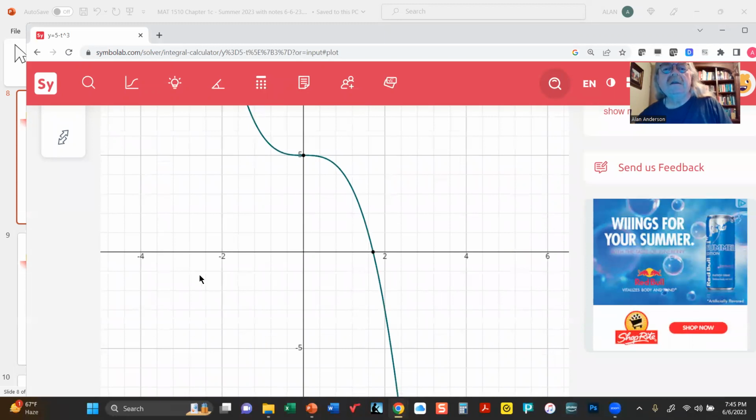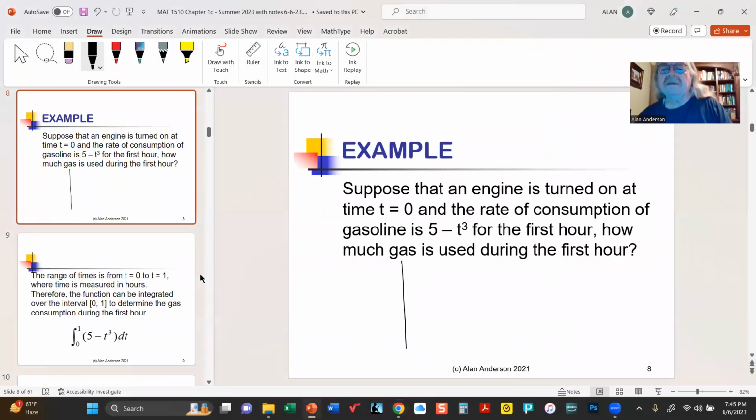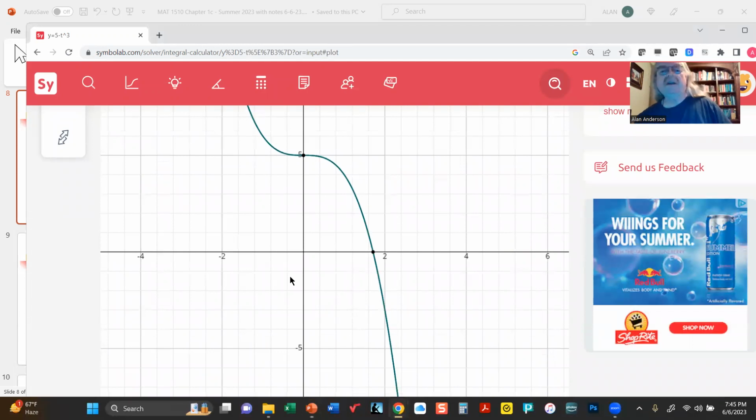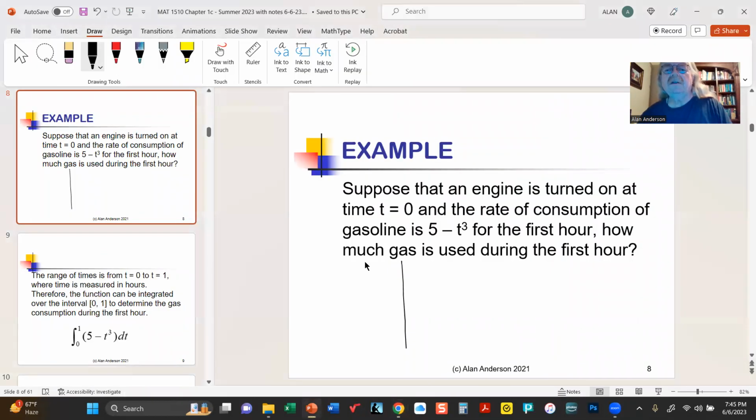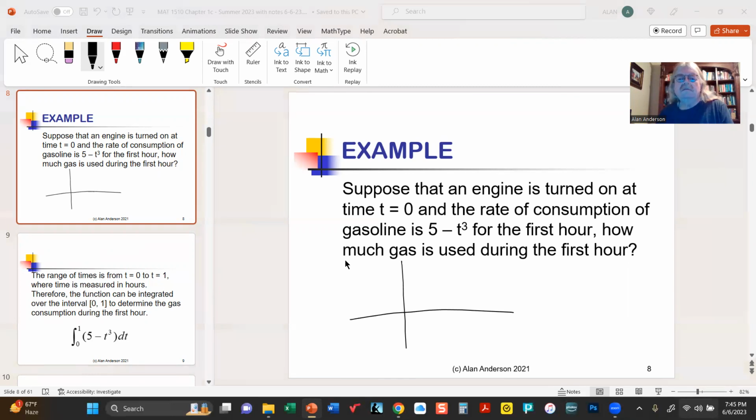Basically, what we're looking for is how much gas is being used during the interval from 0 to 1. From 0 to, let's say, 1 is right here. It looks something like that.